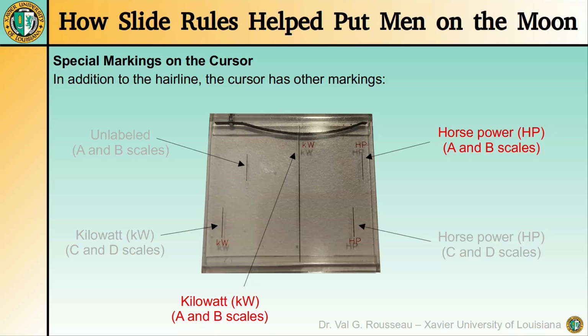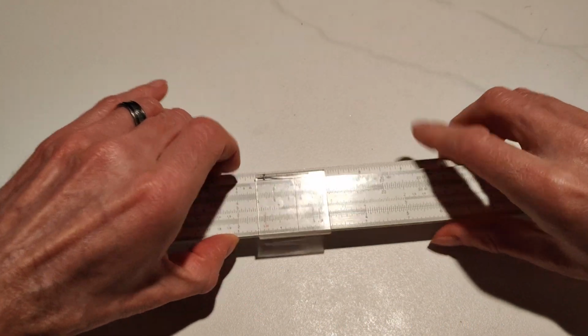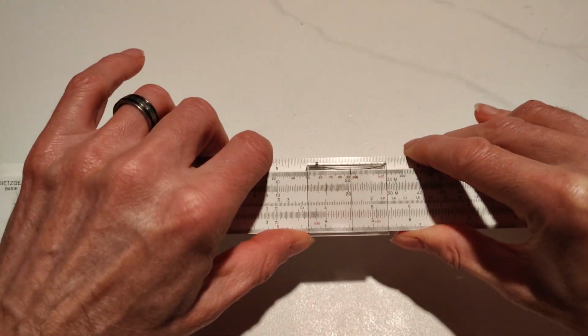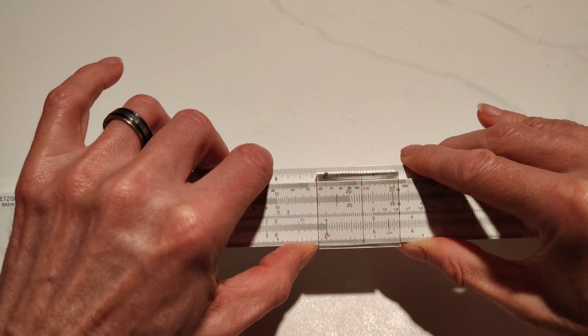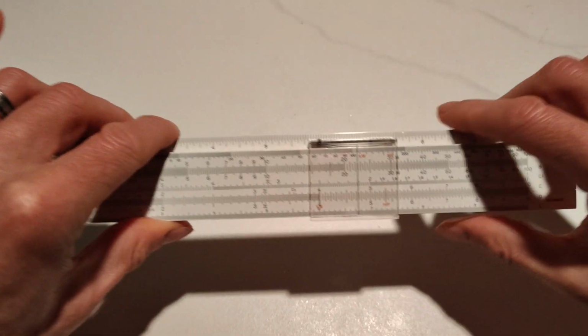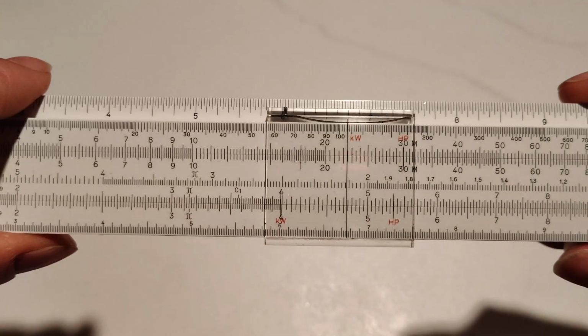Now, we also have a pair of kilowatt and horsepower markings on the A and B scales. These can be useful depending on the type of computations we want to make. For example, if we are given a value of 30 horsepower that we need first to convert into kilowatts and then extract the square root, the operations can be done in a single step.